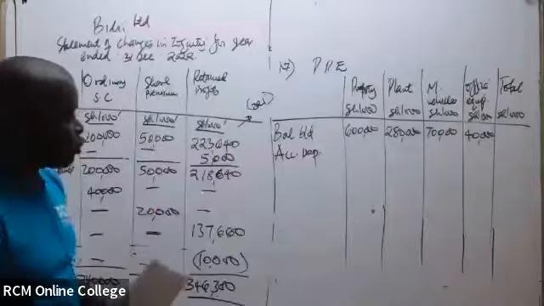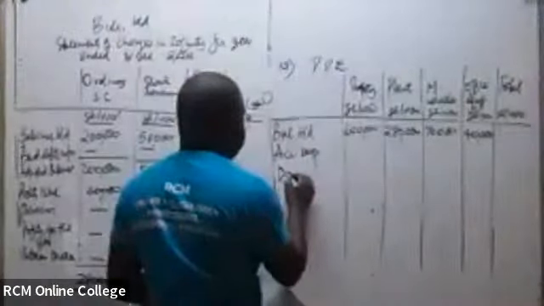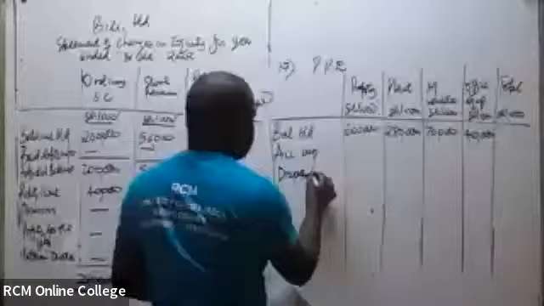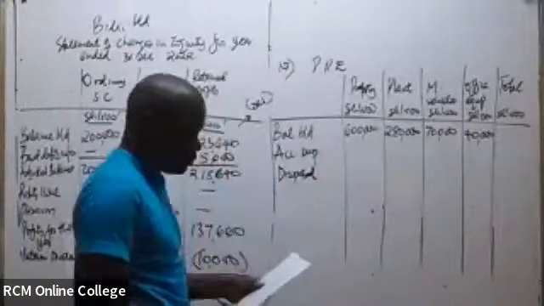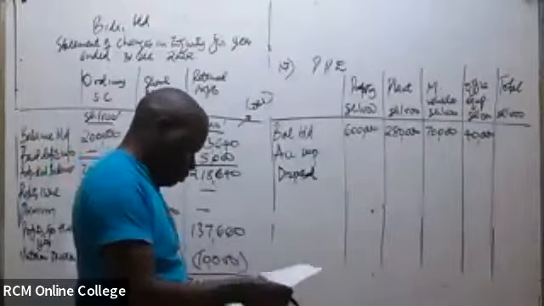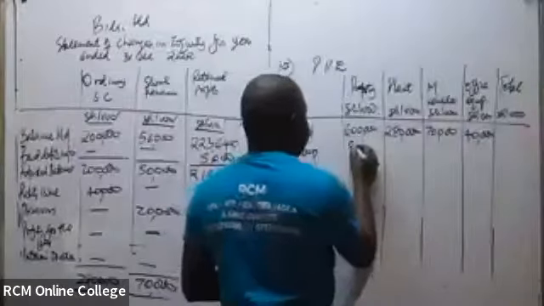So the disposal, we can just do the accumulated. Then in this case, we less the disposed item, the disposal of an item of plant. So this is of the accumulated depreciation for these items. We have 80 million.